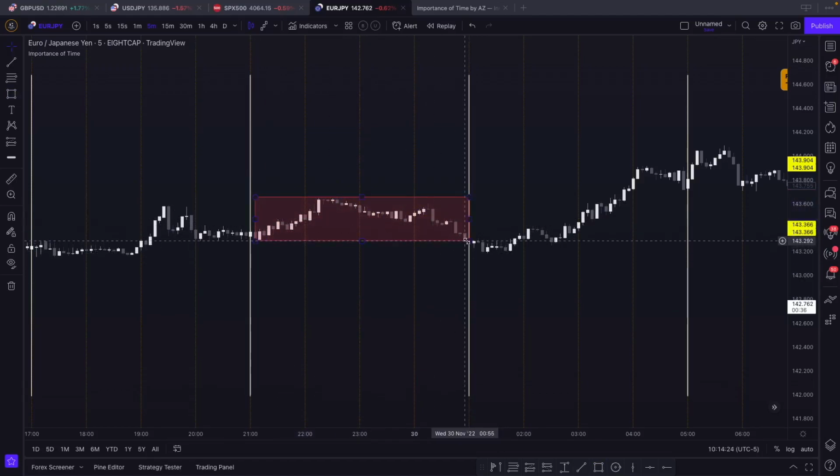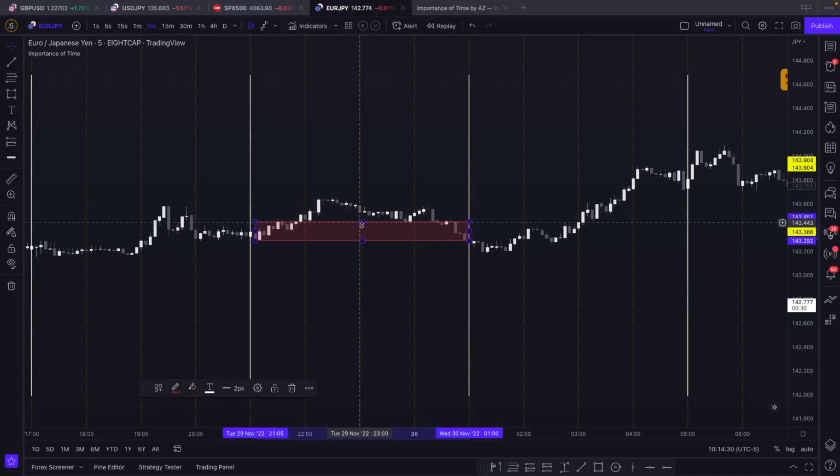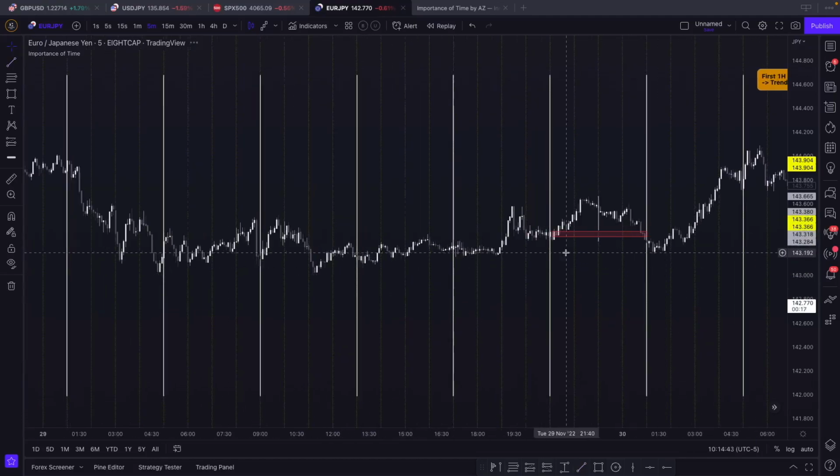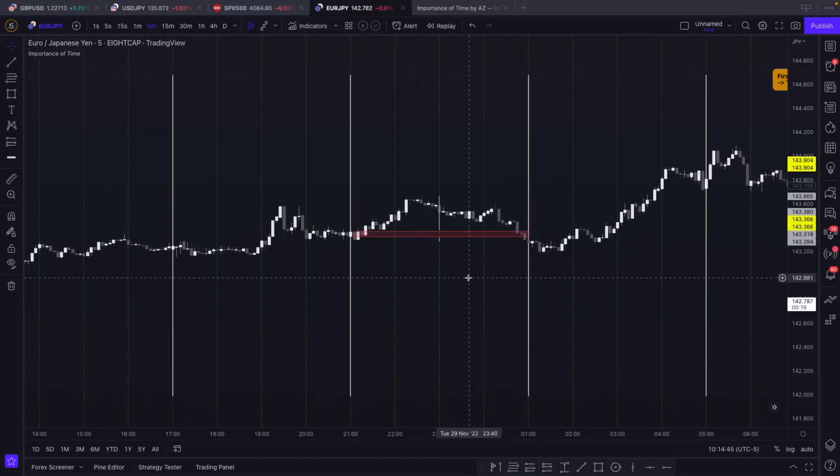We closed here and we open up somewhere around here. So the body of this candle would have been very, very small. And the wicks would have been going up to this high and to the low point right here. That's what the 4-hour candle looks like on a 4-hour chart.